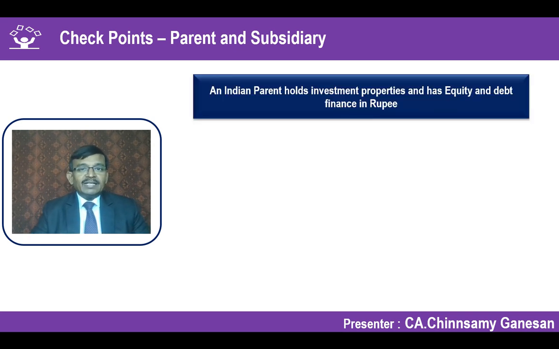In this case, an Indian parent holds investment properties and equity and debt finance in rupee. So it has investment properties, it has equity, it has taken loans in rupee, that is INR. The reason I'm keeping the debt finance and investment properties, etc., is that there are some primary indicators and secondary indicators which we will discuss a little later for our understanding.